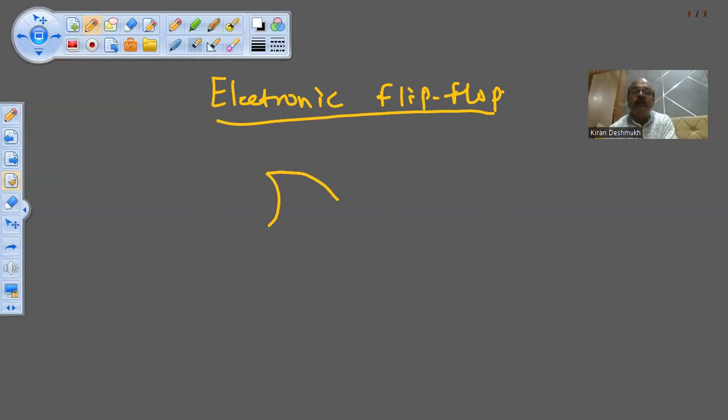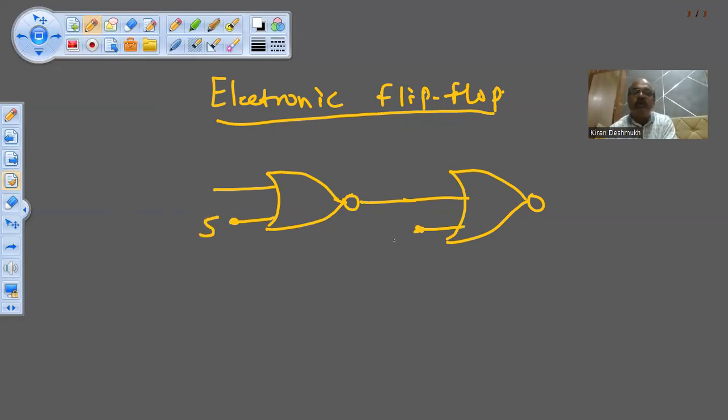This is a NOR gate. I connect one more NOR gate. This is one input of the NOR gate, this is another input. I call this input S and this input R.